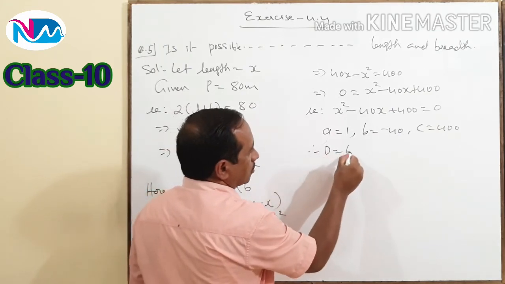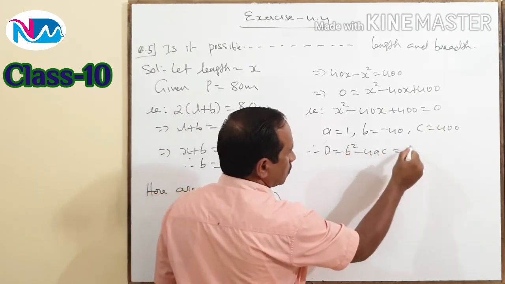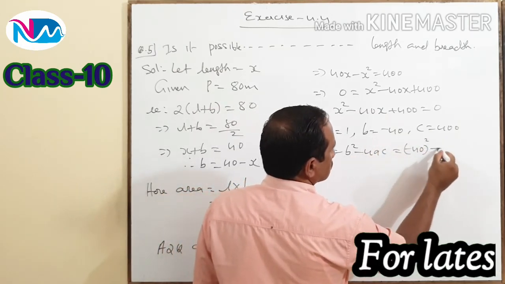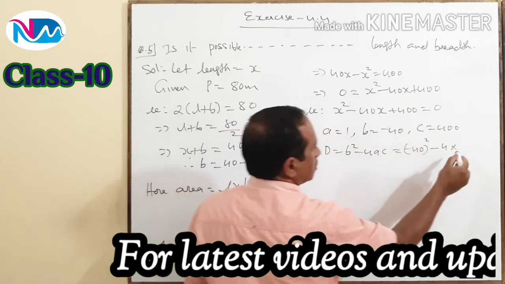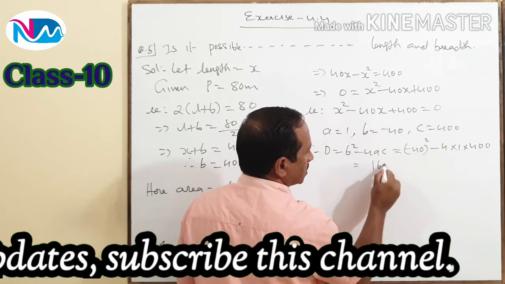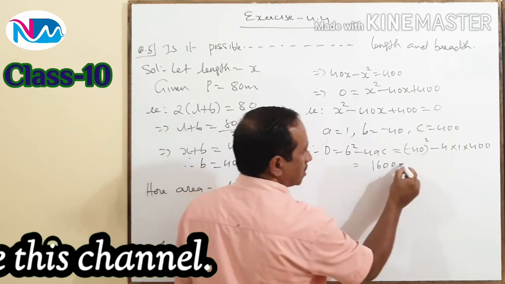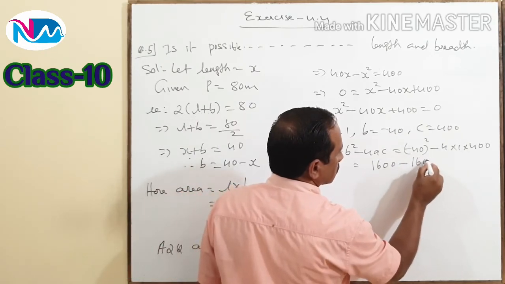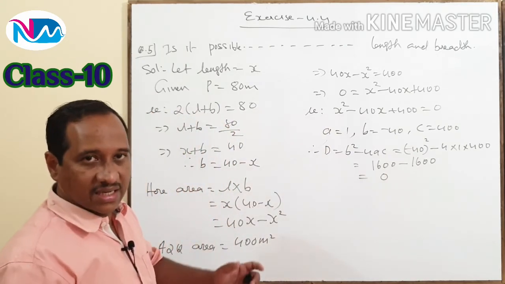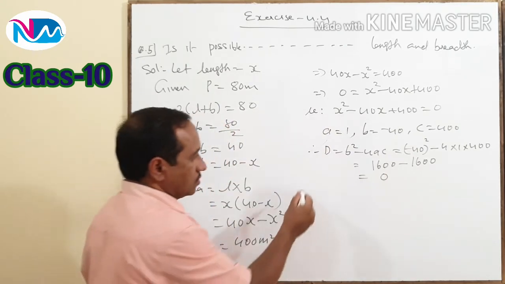Therefore, D is equal to B square minus 4AC. B is minus 40, the whole square, minus 4 into 1 into 400. Minus 40 square is 1600. Minus 4 into 400 is also 1600. That is equal to 0. That is D is equal to 0.